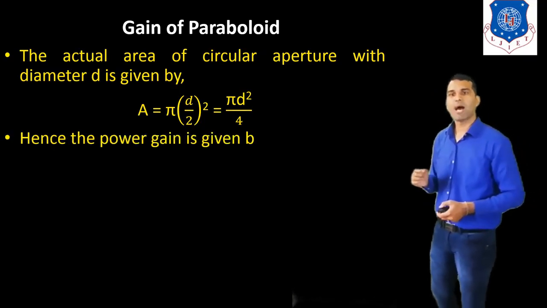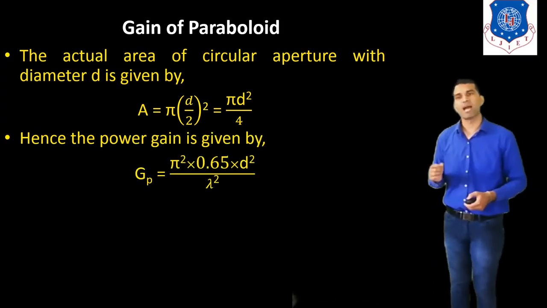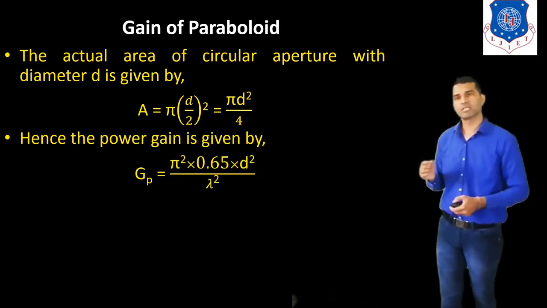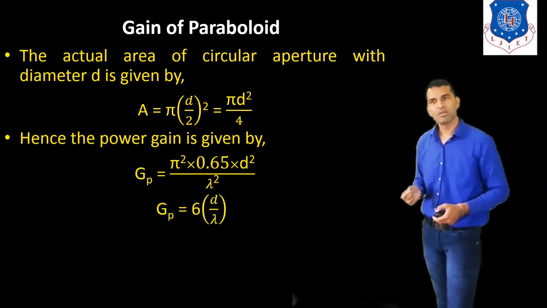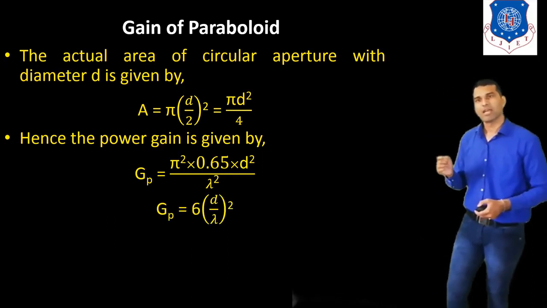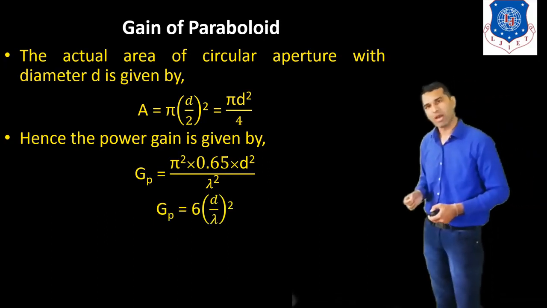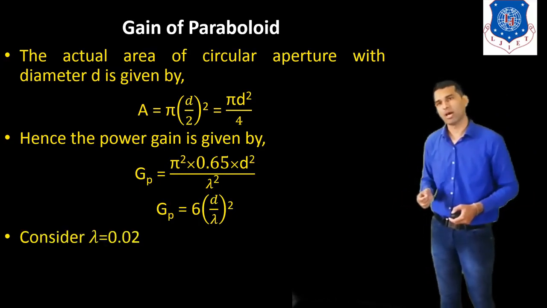Hence the power gain is Gp = π²(0.65)d²/λ², and we can write this equation as 6(d/λ)². So we get the equation for the gain of the parabola.